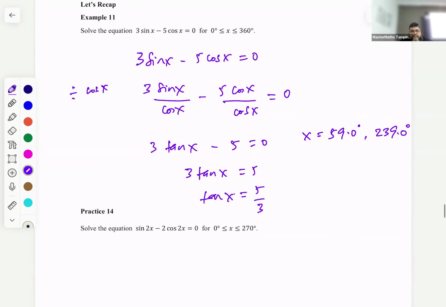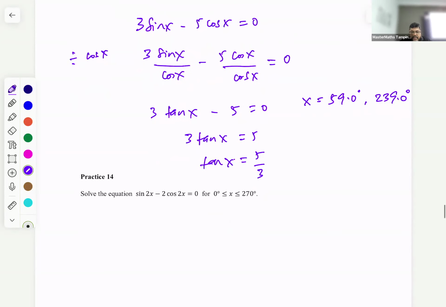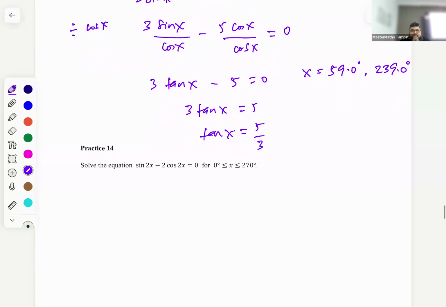Okay, now this one. You can do the next question. I gave you an example, which I did for you all. Now can you do practice 14 first? Something very similar. Am I right? So you divide by cosine 2x. Okay, you divide by cosine 2x. Do first. I want you all to give me the answer.